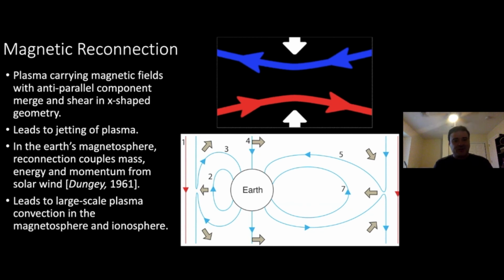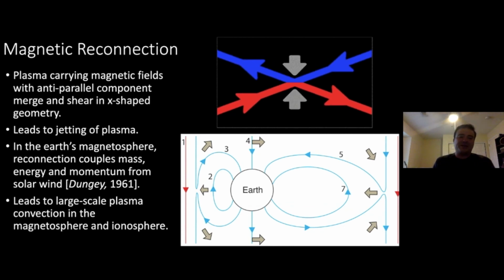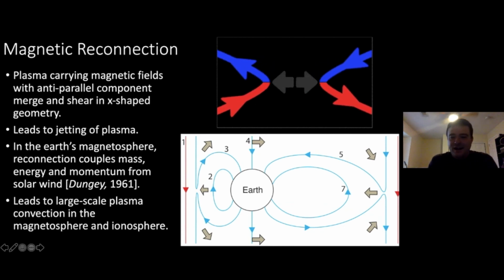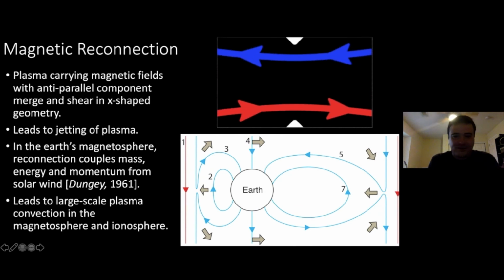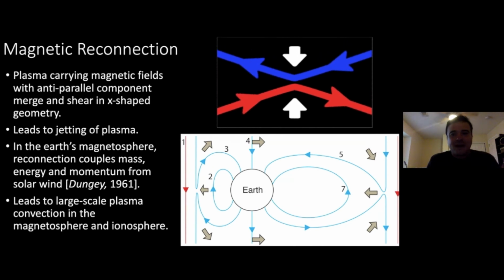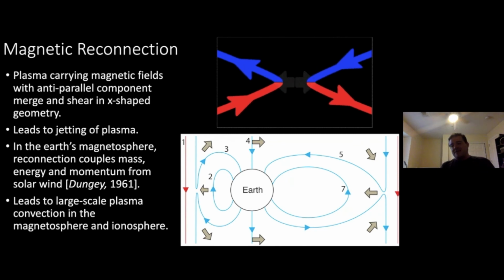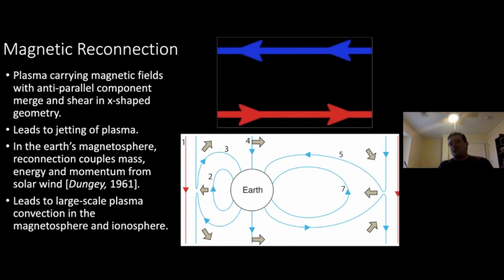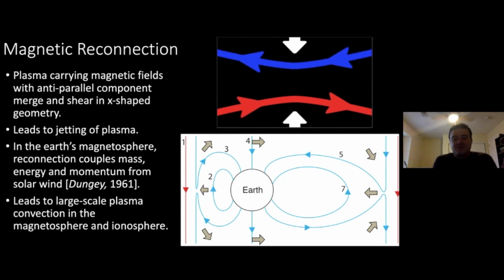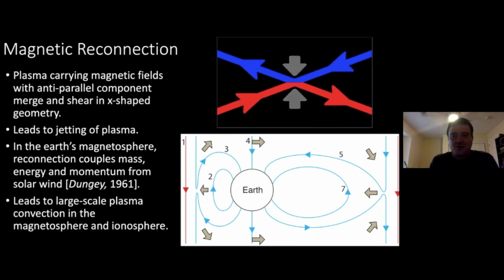And this stirs up large-scale plasma convection in the magnetosphere, as well as in the ionosphere and the foot points of these magnetic fields. So magnetic reconnection is what drives a lot of the really strong activity in the magnetosphere, what we usually think of when we think of space weather and geomagnetic storms.